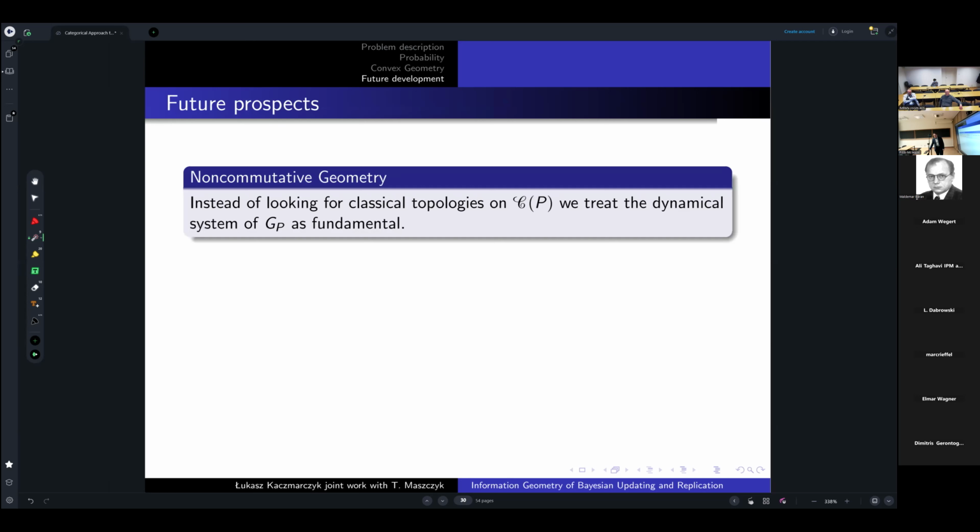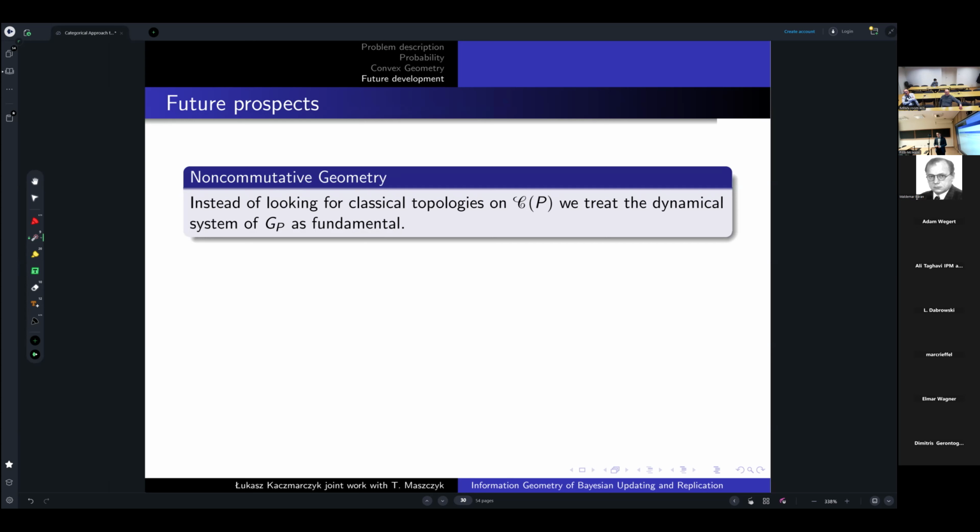Okay, I am literally on time, but we started 40 seconds later, so I'll borrow a minute. So what are our future prospects? One is to go beyond the finite probability spaces when it comes to the geometric side, and there are two roads that can be taken.